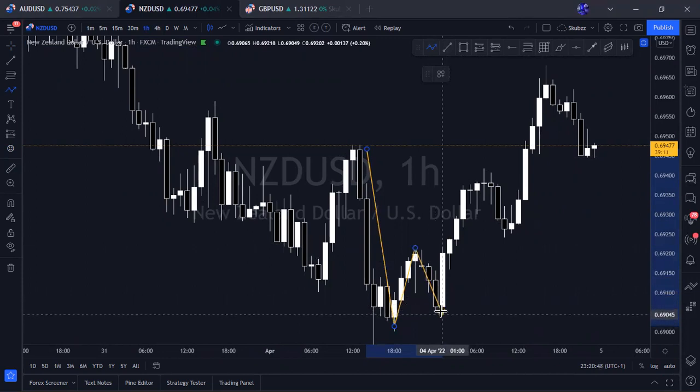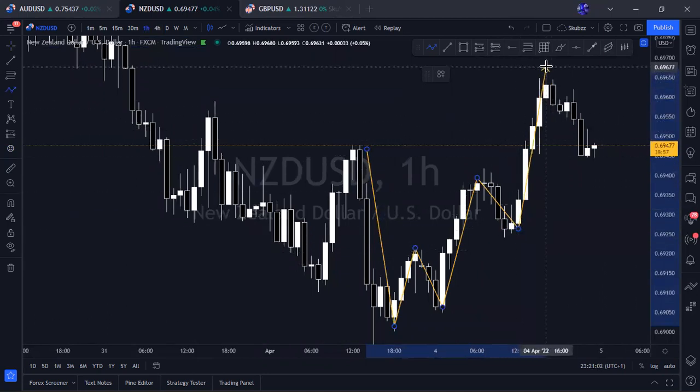We tested that place, and it did not even break to the downside. And then we had a break to the upside. So the sentiment now is bullish, but we failed to come back to retest this neckline, and then we broke structure again to the upside, and now we are having that retracement.